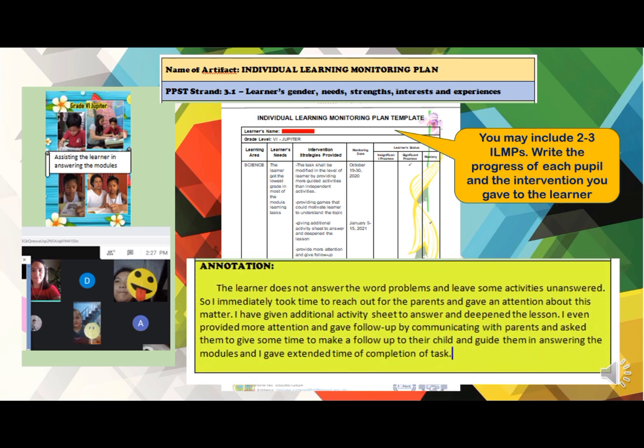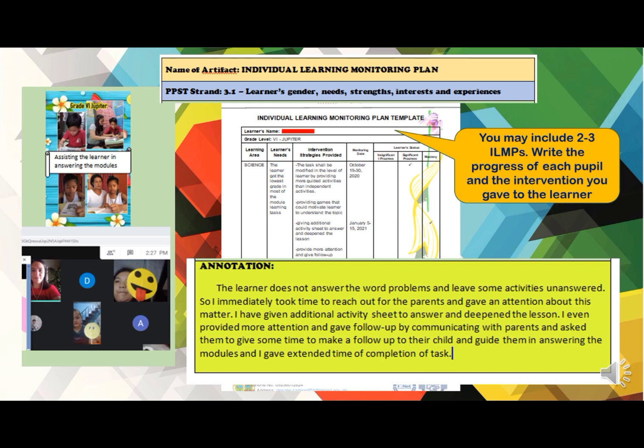And don't forget to write an annotation. I have here my sample annotation. The learner does not answer the word problems and leaves some activities unanswered. So I immediately took time to reach out to the parents and gave attention to this matter. I have given an additional activity sheet to answer and deepen the lesson.